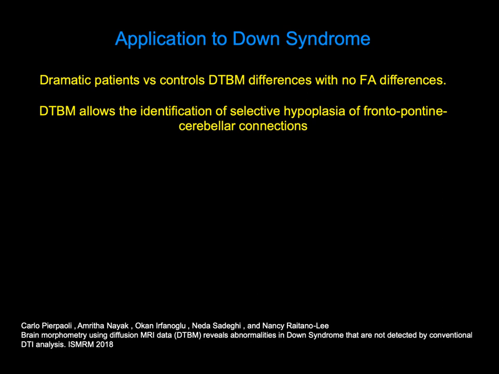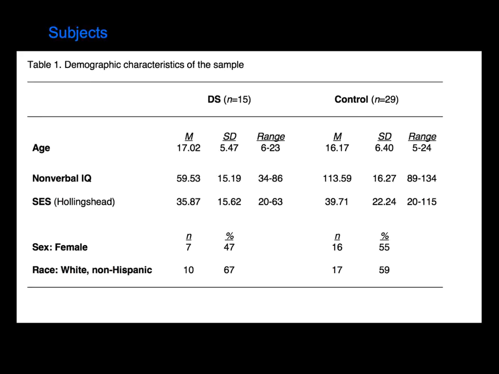Before, in brain development, fractional anisotropy was changing, the size of the structure was changing, and they were somewhat correlated. Here, FA shows almost no difference, but you have mostly morphological difference. And DTBM allows the identification of selective hyperplasia of the frontopontine cerebellar connection. So you can map which systems are mostly affected.